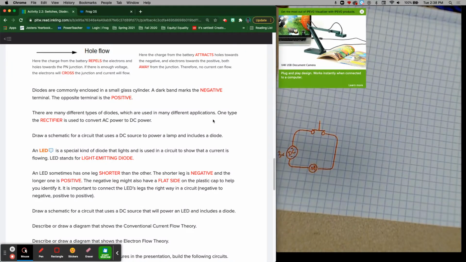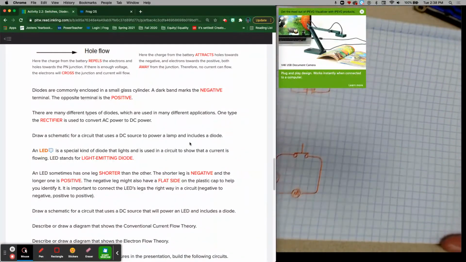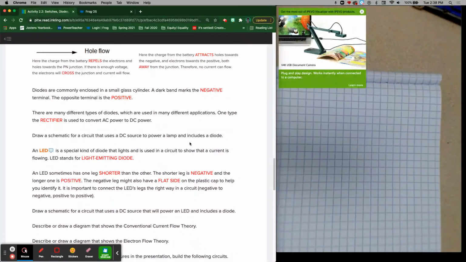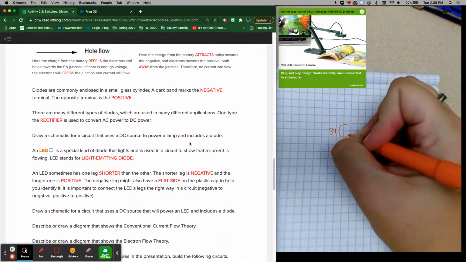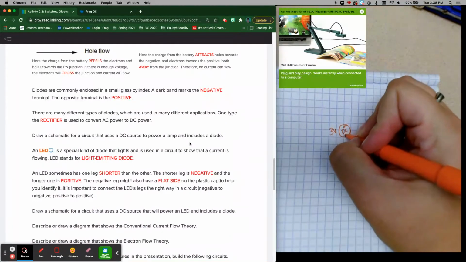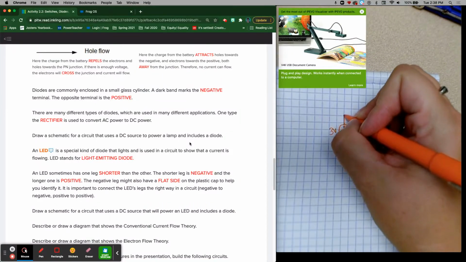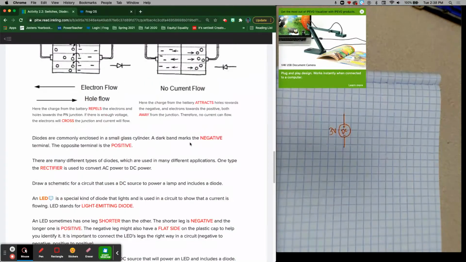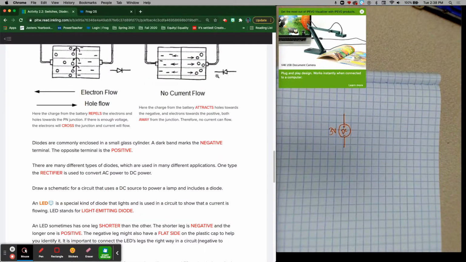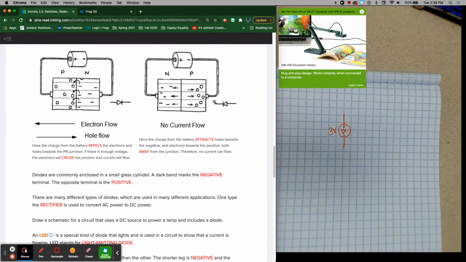So let's draw a schematic for a circuit that uses a DC source to power a lamp and includes a diode. Okay. So we have our same 3-volt DC power source. Okay. And the trick would be that your diode wants to point towards the negative end.